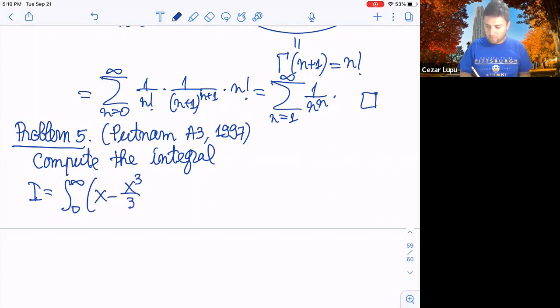x minus x cubed over 2, sorry. In fact, what's the statement? I forgot the statement. Let me see.